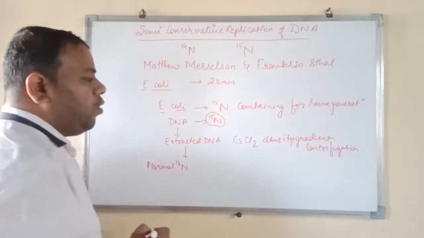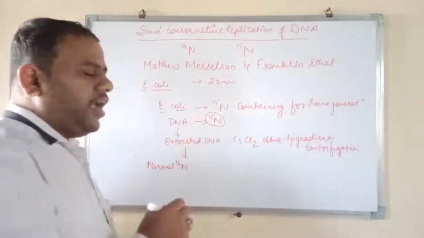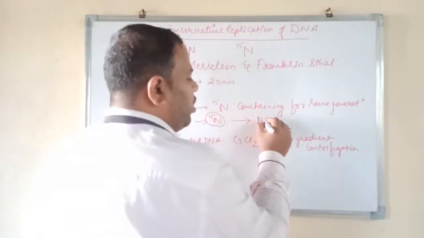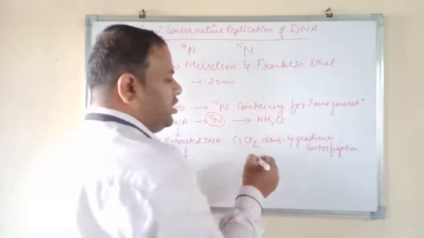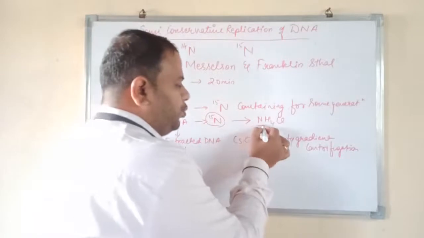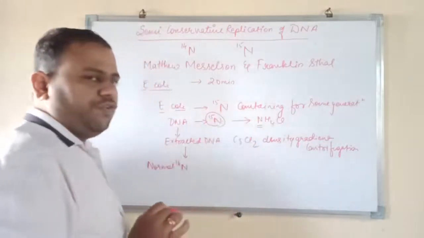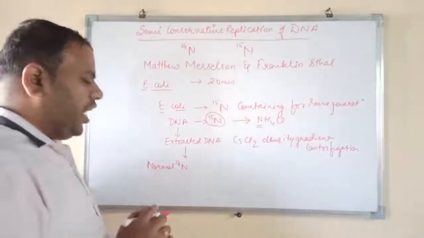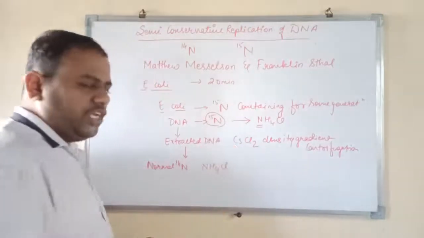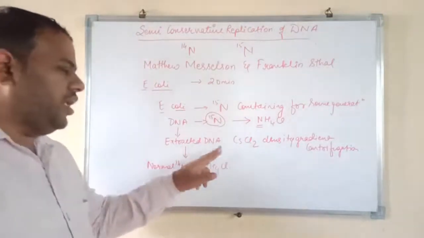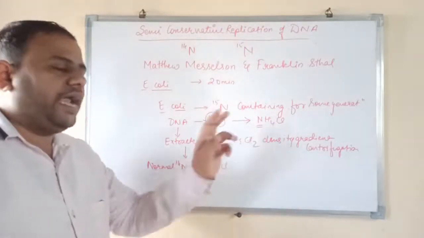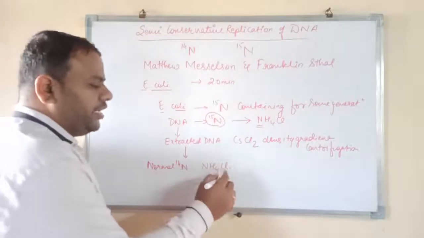N14 medium. Now the N15 that was used here was used in the form of a salt called ammonium chloride. This is a nitrogen source in the medium. They used this nitrogen as nitrogen 15, and here they used nitrogen 14 in the next generation, and they grew the E. coli having total N15 nitrogen into this medium, that was the normal medium.